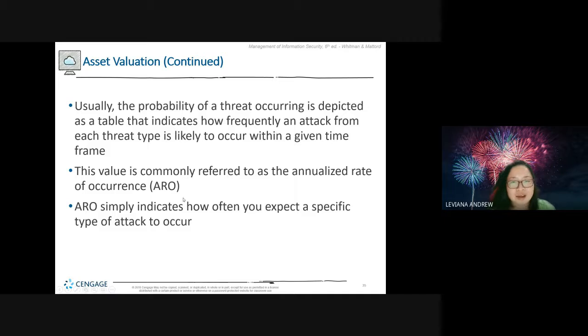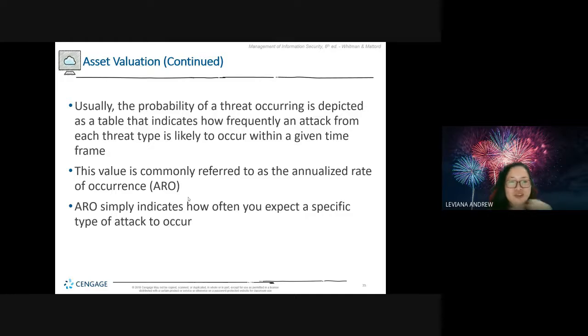Usually, the probability of threat occurring is depicted as a table that indicates how frequently an attack from each threat type is likely to occur within a given time frame. This value is commonly referred to as the annualized rate of occurrence, ARO. ARO simply indicates how often you expect a specific type of attack to occur.